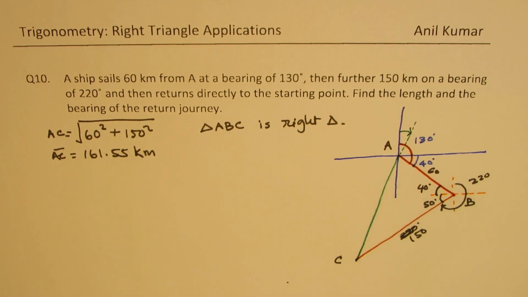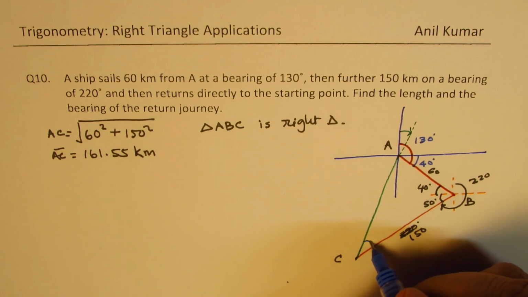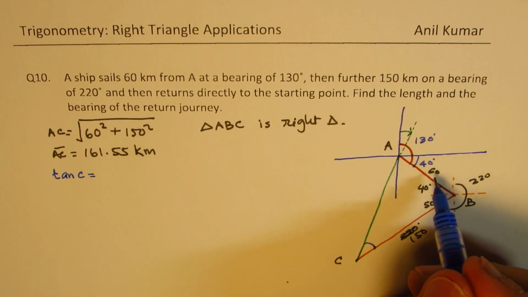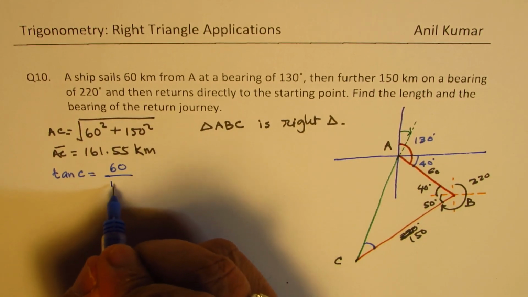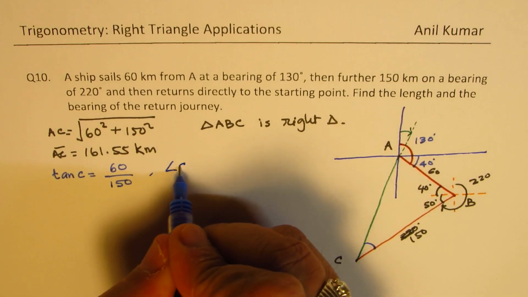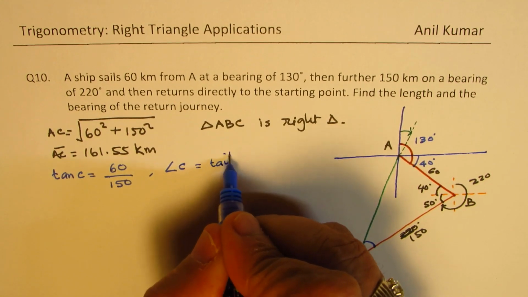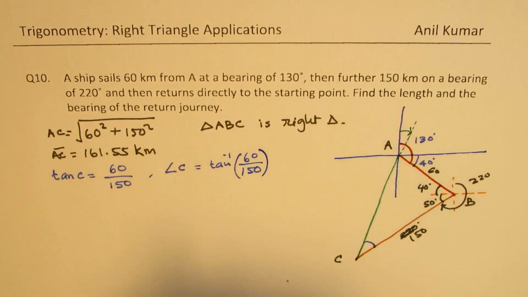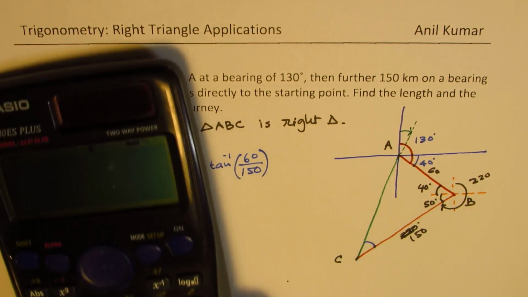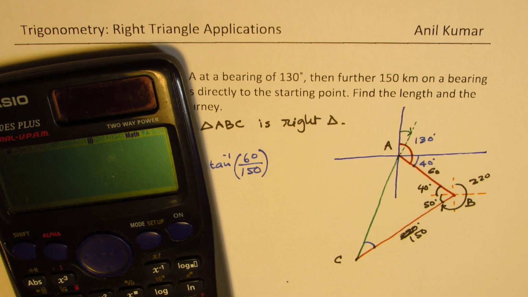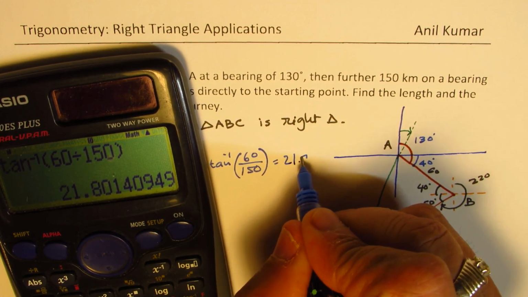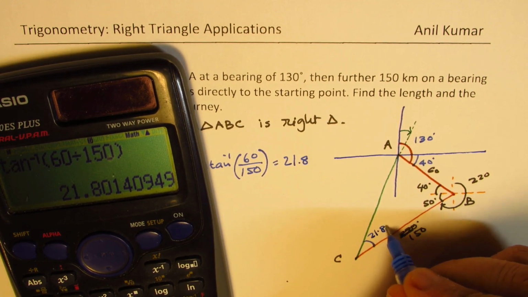Right, so we need to find this angle. Since this is a right angle, we can use the tan ratio to find angle C. So tan C is equal to 60 over 150. That means angle C is equal to tan inverse of 60 over 150, correct? So we have shift tan inverse 60 divided by 150, which is 21.8.